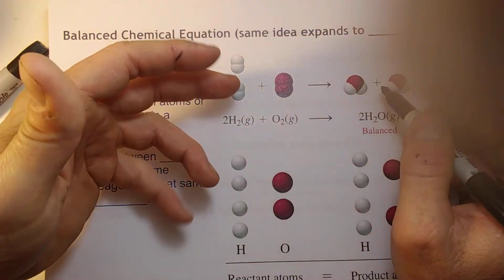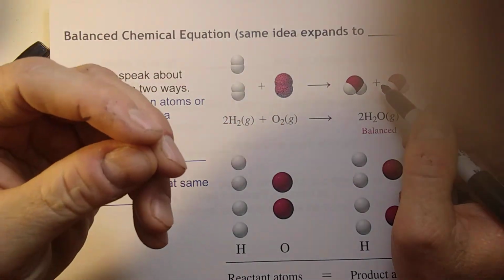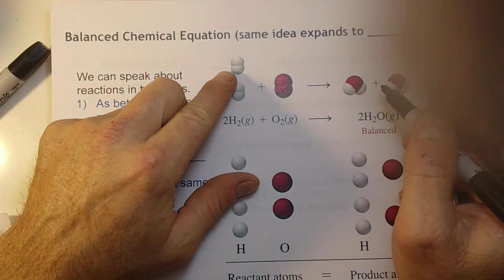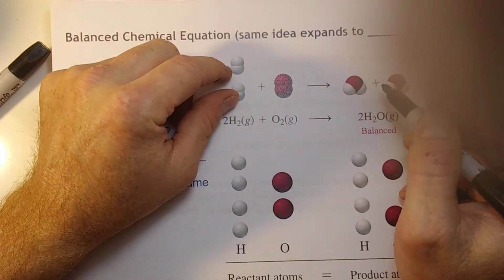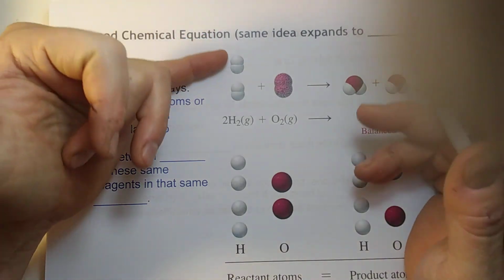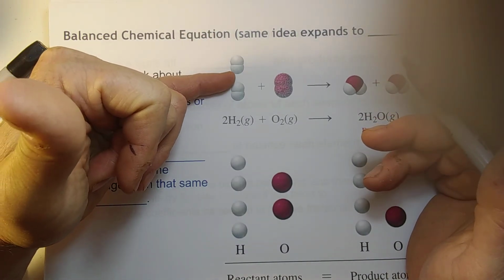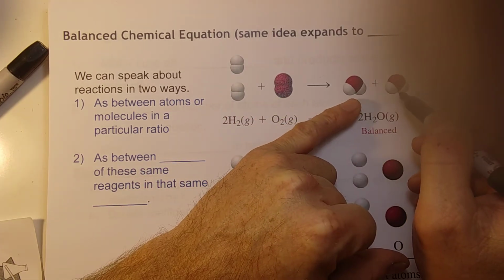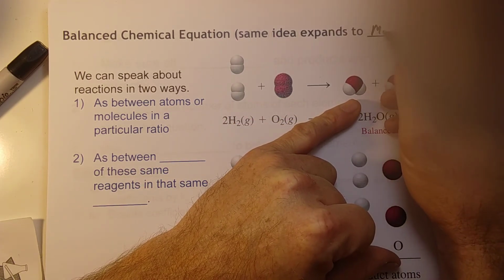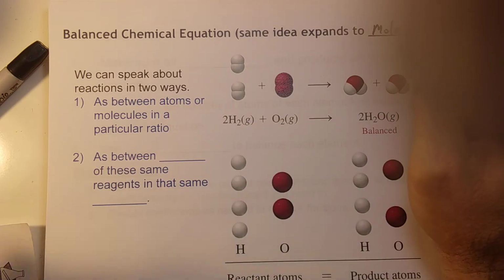We don't have to use just the smallest number. No, we can say like a dozen. We could say 2 dozen of the hydrogen molecules, 1 dozen of the oxygen molecules makes 2 dozen of the water molecules. And a chemist uses a much bigger dozen kind of unit. We use the unit moles.